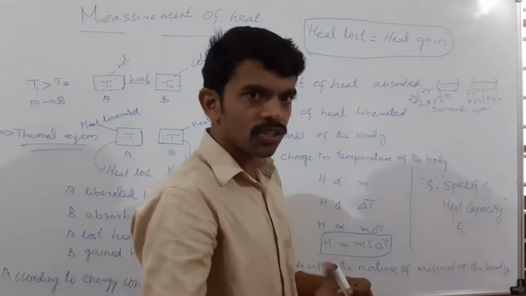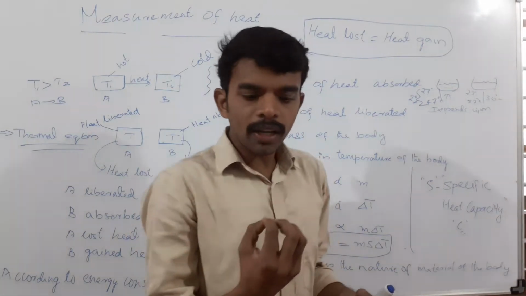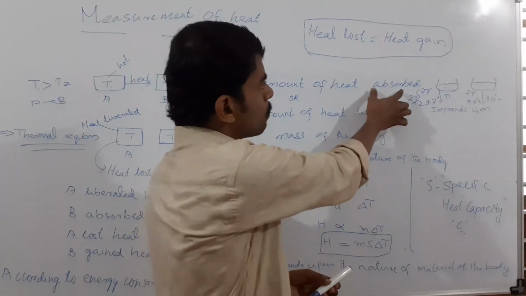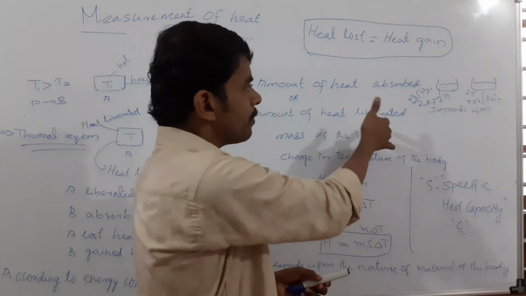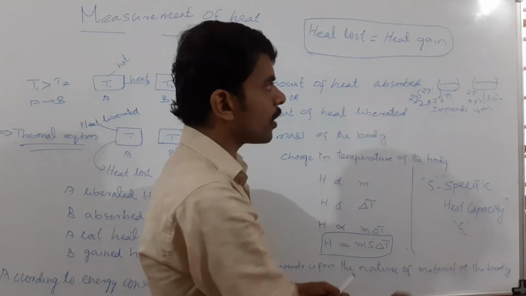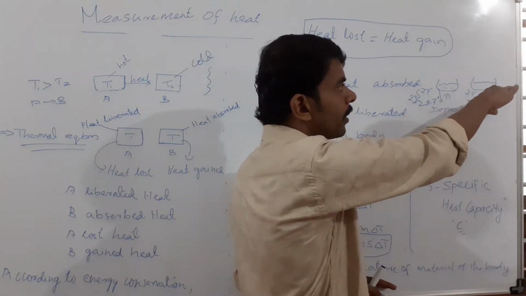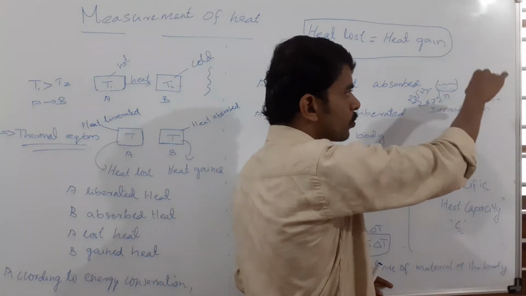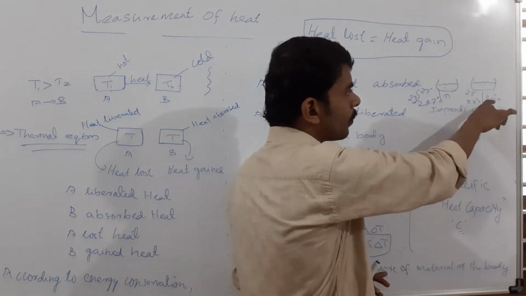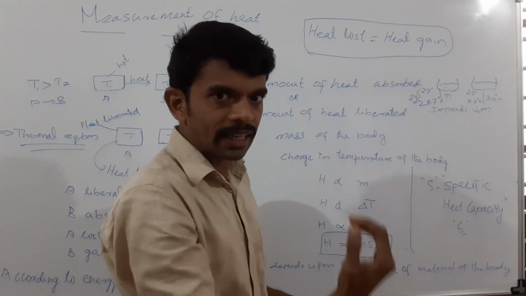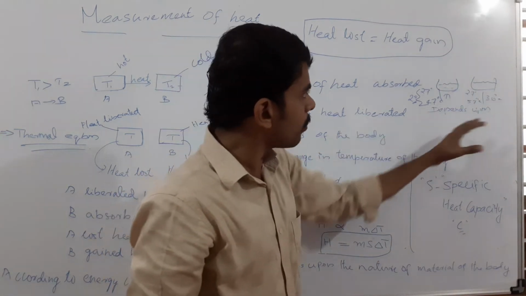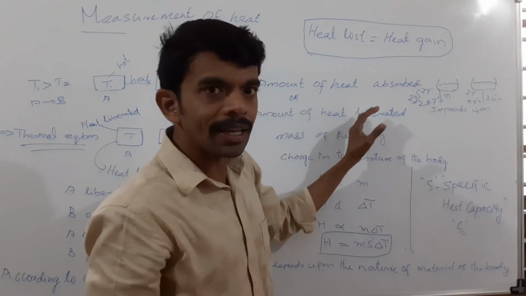So when the change in temperature is more, the body either absorbs more heat energy or liberates more heat energy. For example, if we are decreasing from 50 degrees Celsius to 27 degrees Celsius, then the change in temperature is also 30 degrees Celsius in magnitude, and in that case also more heat will be liberated.